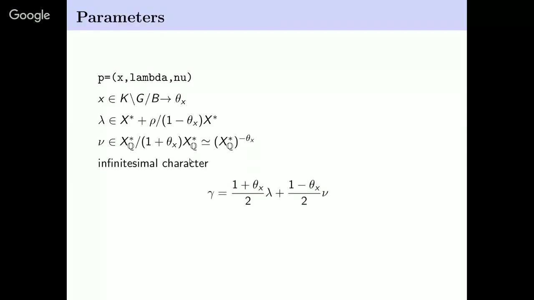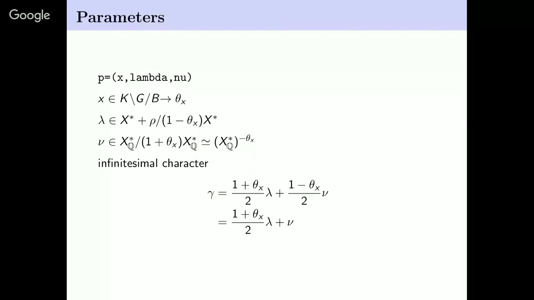And the infinitesimal character of the corresponding representation is always this expression: (1 + theta)/2 lambda plus (1 - theta)/2 nu. And since I'm always taking nu to be fixed by minus theta, that can be written this way.